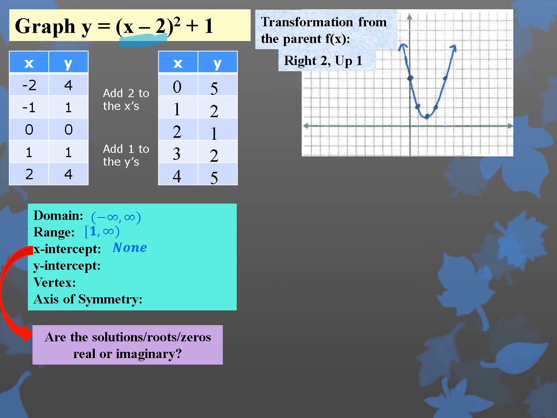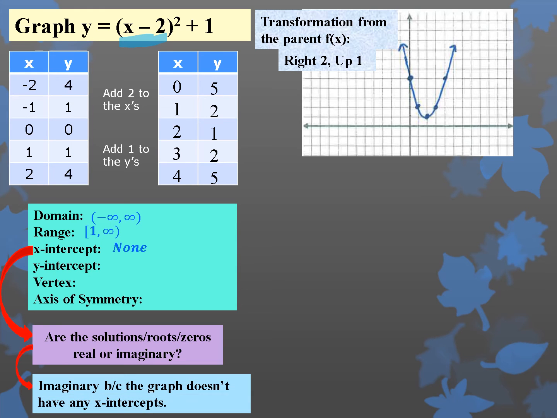Now that leads me to this next question real quick. Are these solutions, roots, and zeros real or imaginary? If I don't have any x-intercepts, are the solutions, roots, and zeros real or imaginary? And the story behind that is they're imaginary. Because if a graph doesn't have any x-intercepts, you're not going to have any SRZs that are real.